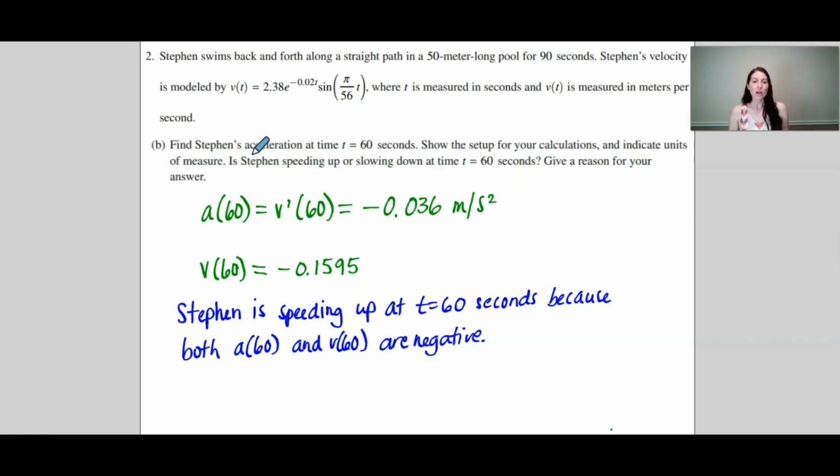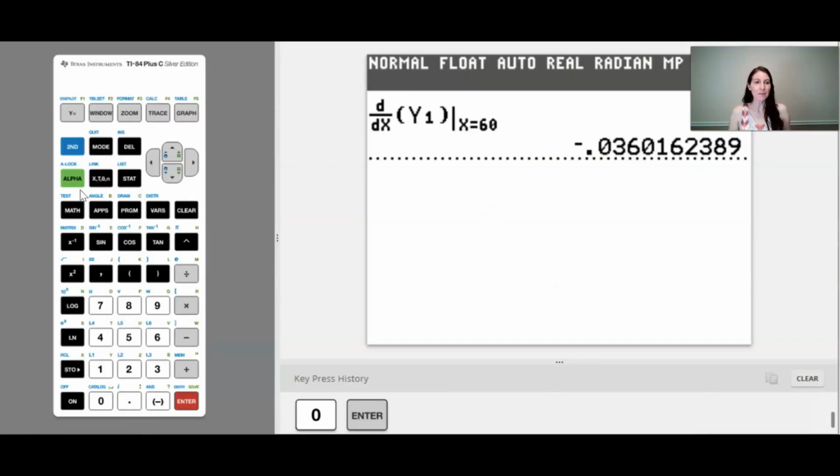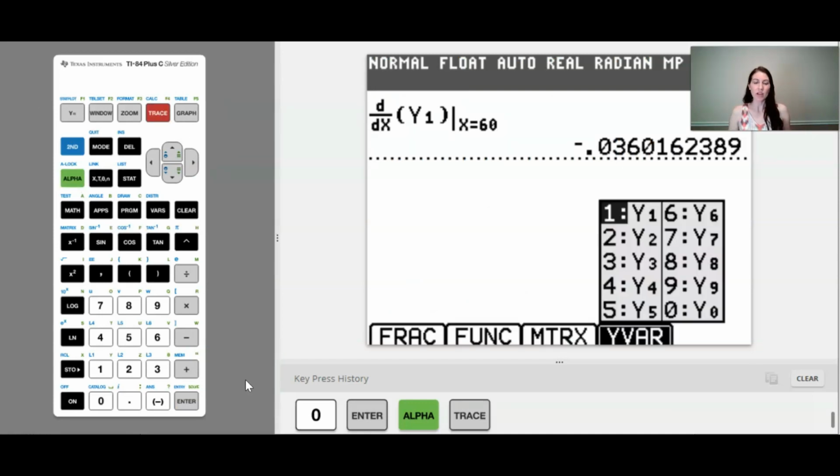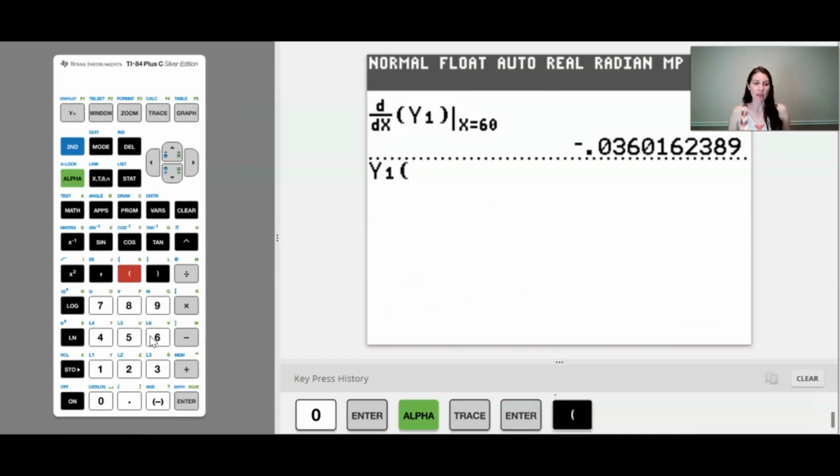And then the next question is: is Stephen speeding up or slowing down? To determine the answer, you must compare the signs of velocity and acceleration. We already see that acceleration is negative at a time value of 60. So we need to calculate velocity, which is the function given, at 60. Once again, I'm using my trusty calculator, and I can simply go to alpha trace, select y1, and evaluate that at 60.